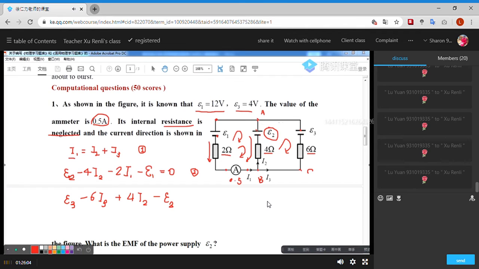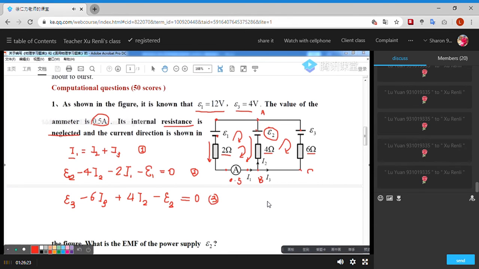Then it's over: EMF 3, this resistor, this resistor, and this EMF, then back to A. Equal to 0.